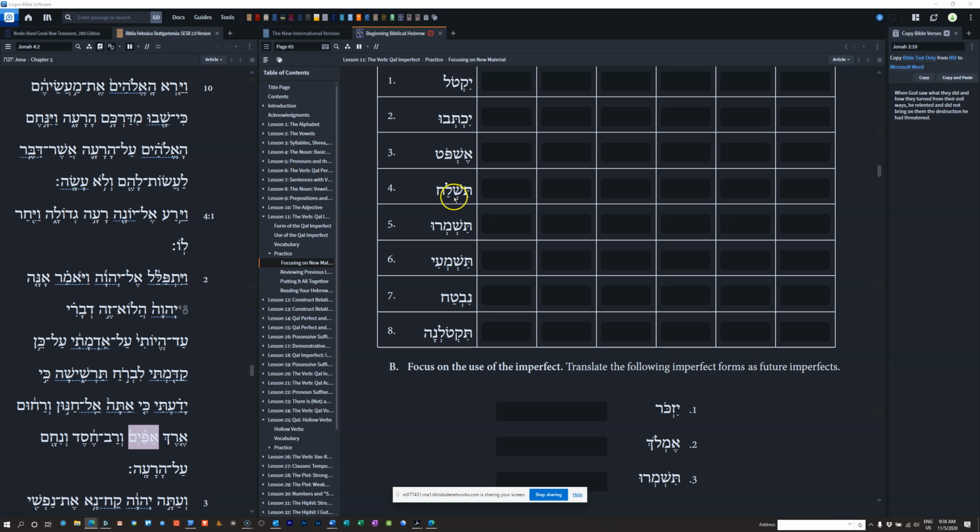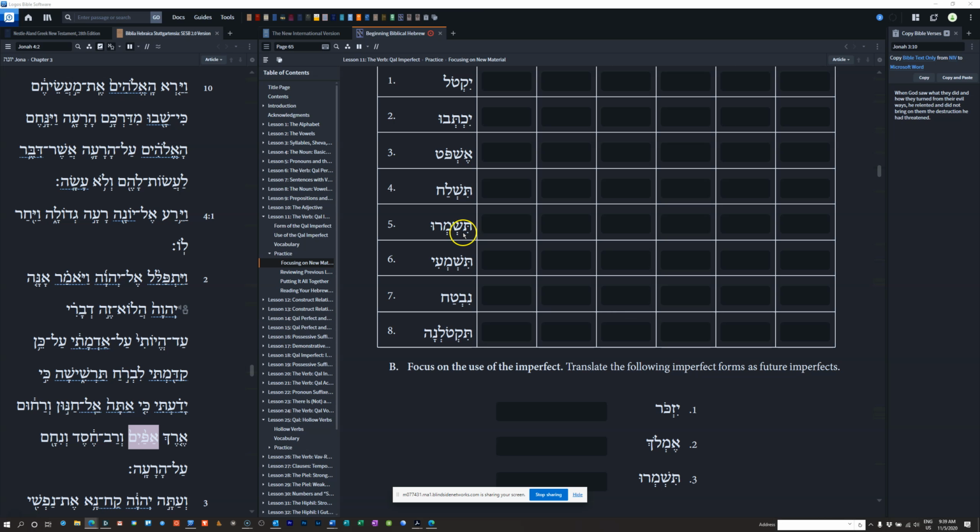Context is the only way to tell the difference, because those two forms are actually identical. So we have a Qal imperfect either 3FS or 2MS from the verbal root shin, lamed, chet, and this would be translated as either she will send or you, masculine singular, will send.